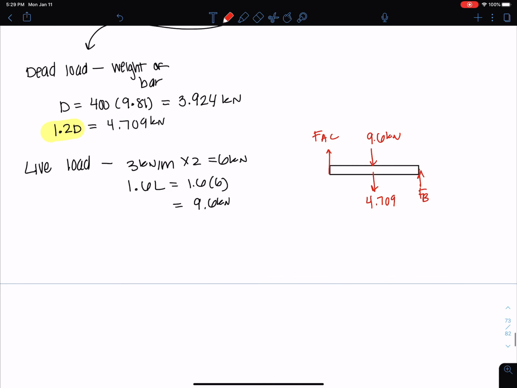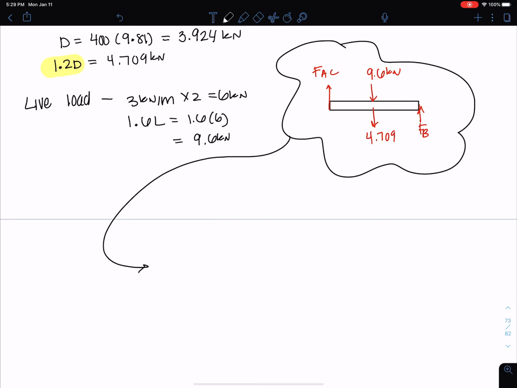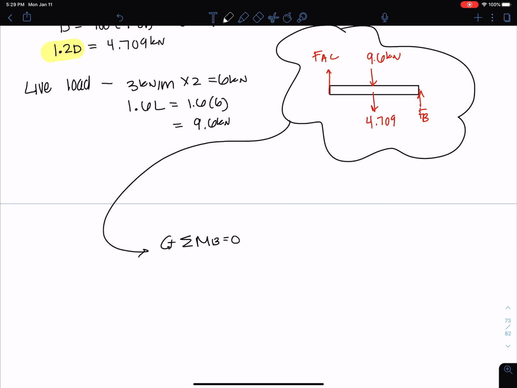Now I'm going to use this diagram and sum moments around point B, set that equal to 0. 9.6 times a moment arm of 1 plus 4.709 times a moment arm of 1 minus FAC times a moment arm of 2. And I can solve for FAC as 7.154 kilonewtons.